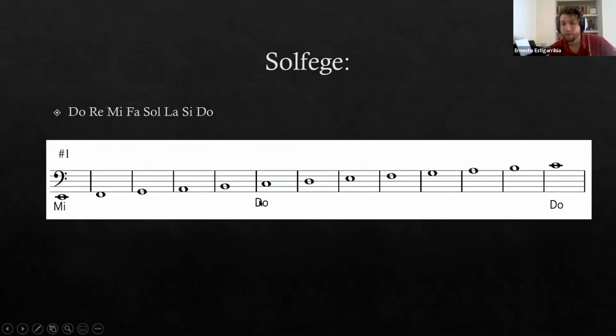I would actually recommend you start from this Do to this Do, and then you work backwards from this Do. And for your reference, I put here Do, Re, Mi, Fa, Sol, La, Si, Do.